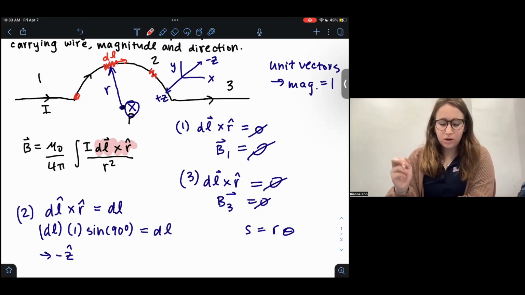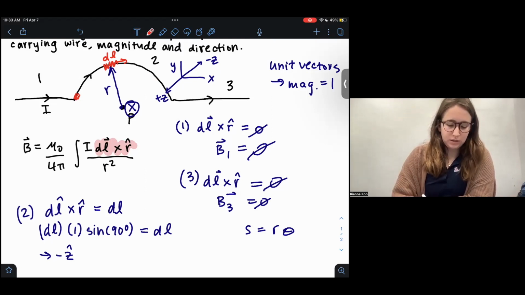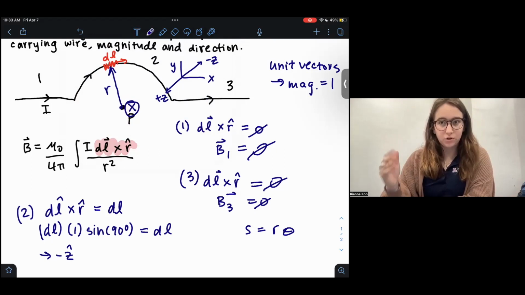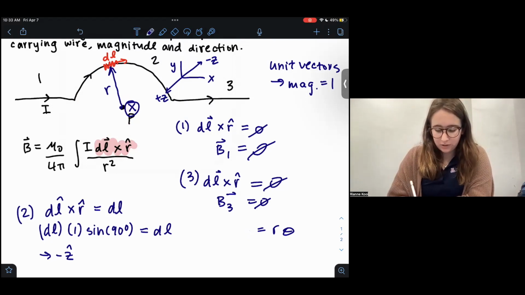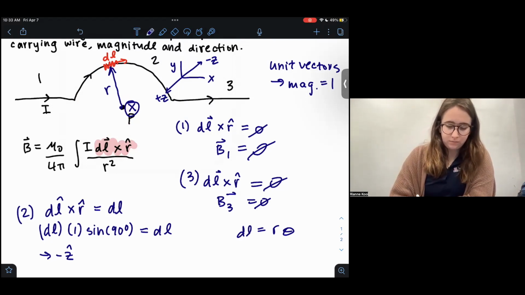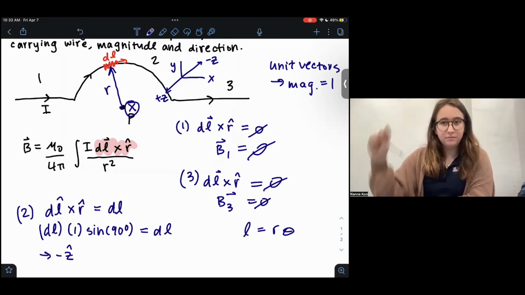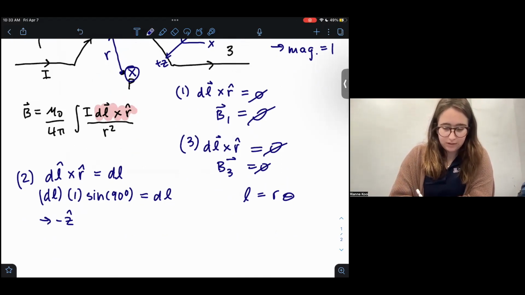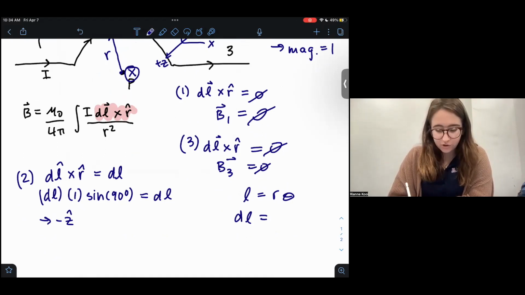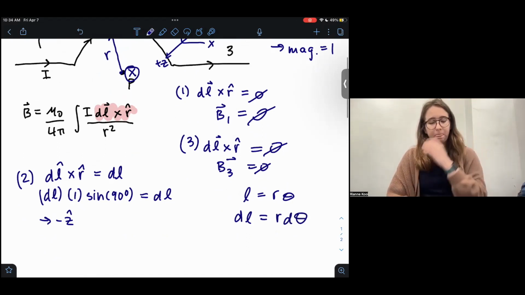So I want to rewrite this S in terms of a differential. To do this, I'm going to say that this ds is turning into a dl so that we are not confused. Our arc length is going to be r theta, but we want to know what dl is. Since dl is changing, r isn't changing, so we're going to say it's r d theta.